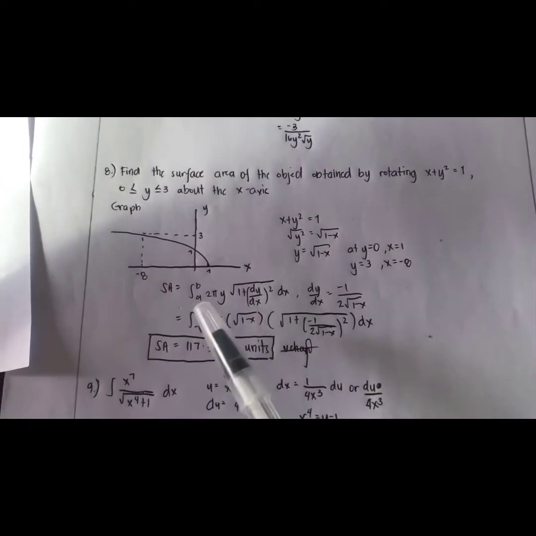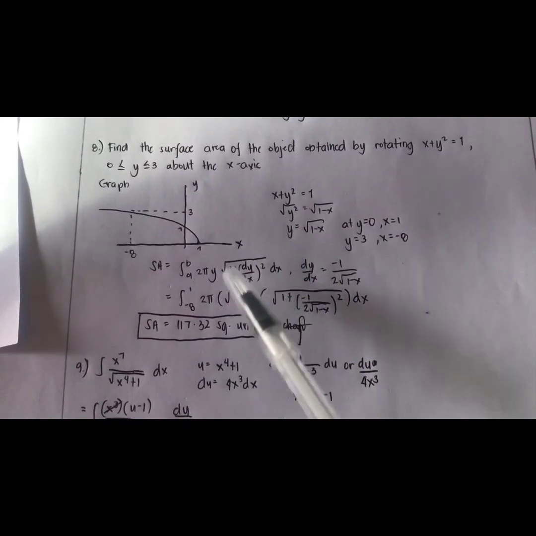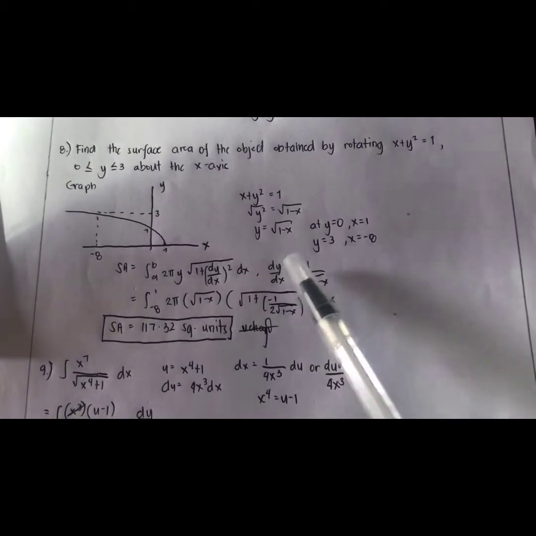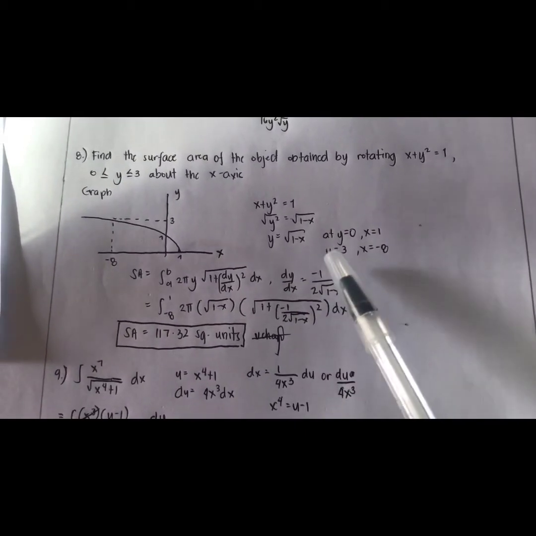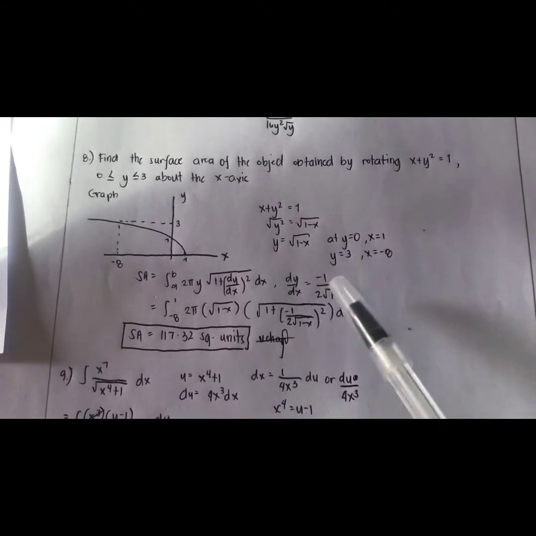Now let's solve the surface area using the formula SA is equal to the integral of 2 pi y times the square root of 1 plus dy over dx squared dx from a to b. The value of dy over dx is equal to negative 1 over 2 square root of 1 minus x.